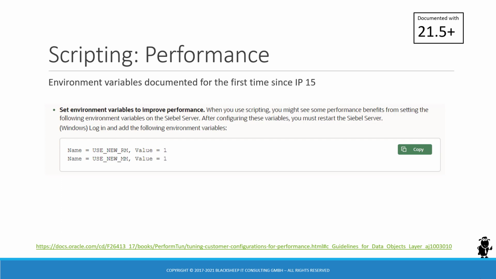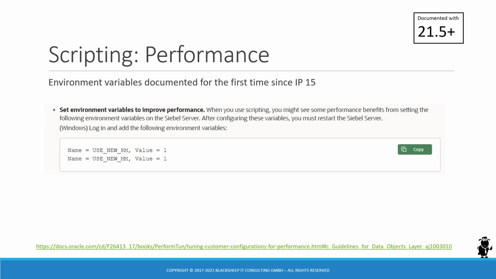The bespoke environment variables for scripting performance have made it into the Bookshelf guide, into the Performance Tuning Guide. If you check the What's New chapters, you will see a new chapter mentioning that these environment variables with the recommended settings from Oracle could increase performance during processing of scripts.